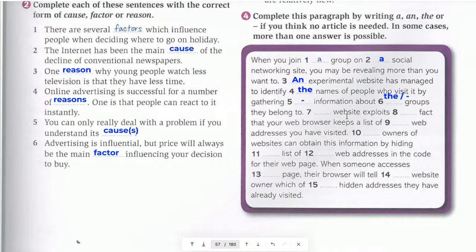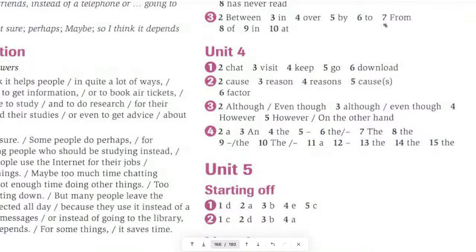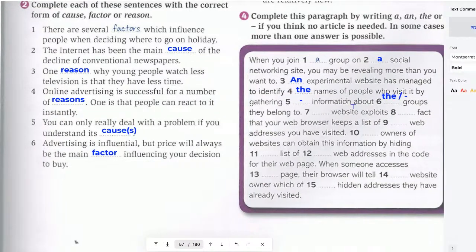Number 7. What's that? Yeah, 7, "the". Why?